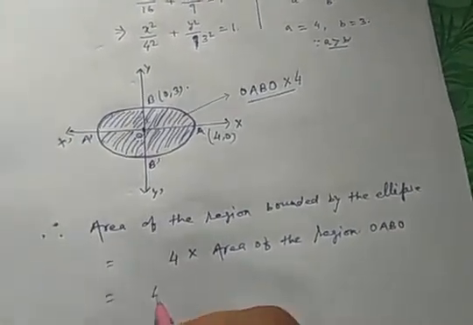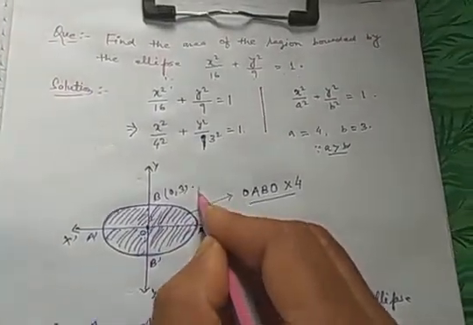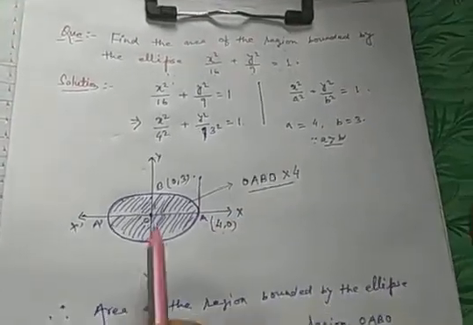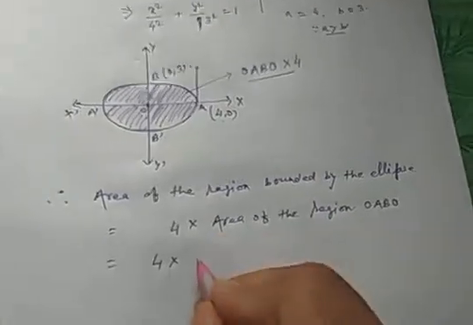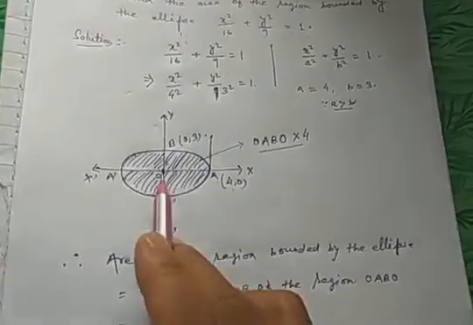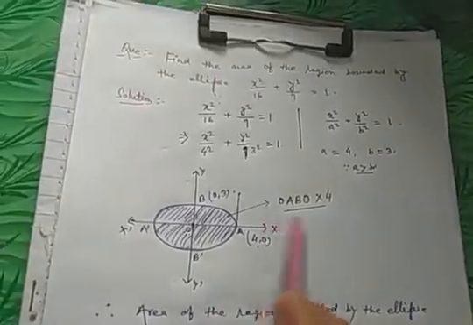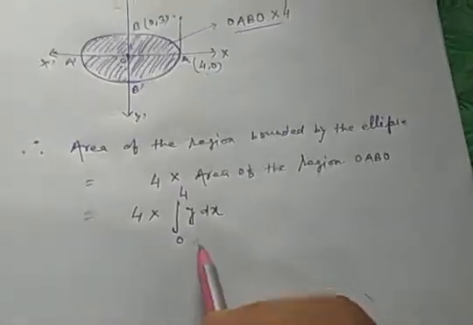Equal to 4 into the area of this region. Let's draw the line x is equal to 4 here, and here x is equal to 0. So here will be the integration from 0 to 4 of y dx.